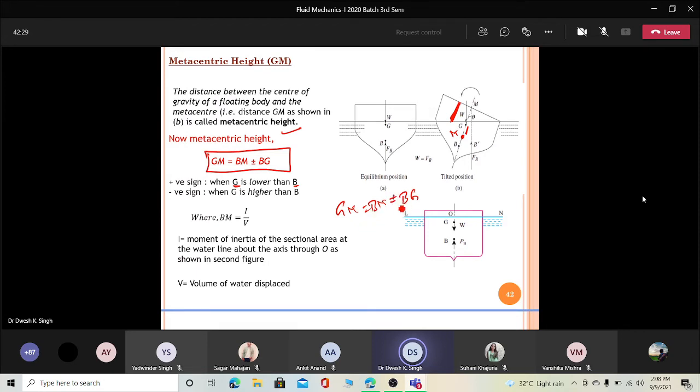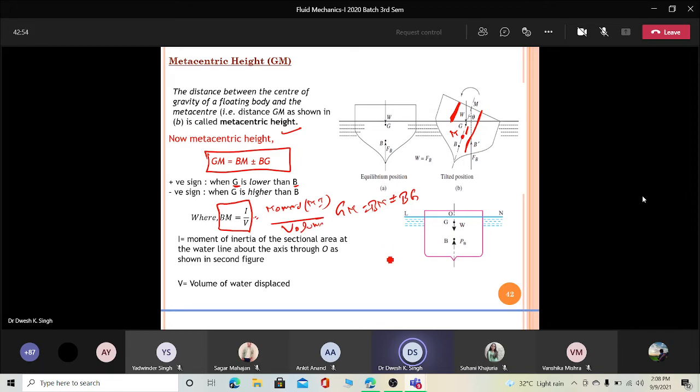So here you can write positive and negative. And BM is denoted by I by V. So this is your BM, and the relation for the BM is moment of inertia, that is MI, by volume.